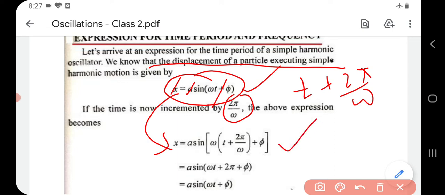Now a sine is kept as such, in omega times 2 pi by omega, the omega and omega get cancelled, so it is 2 pi, then what is left is plus phi. That is again equal to a sine omega t plus phi.